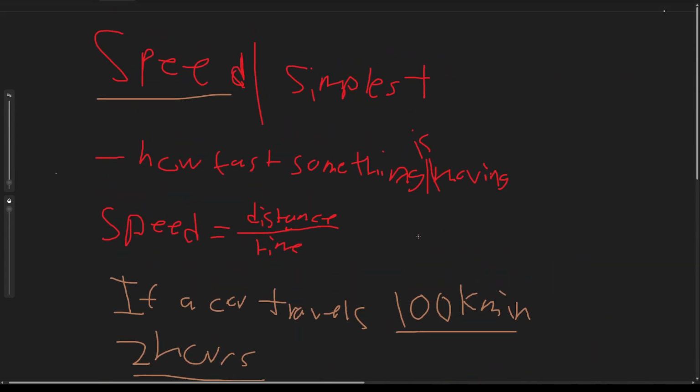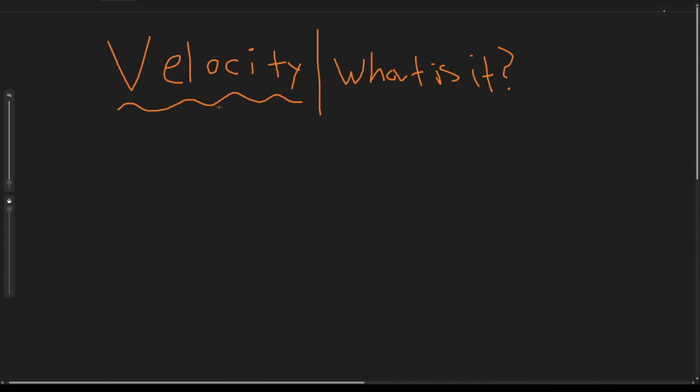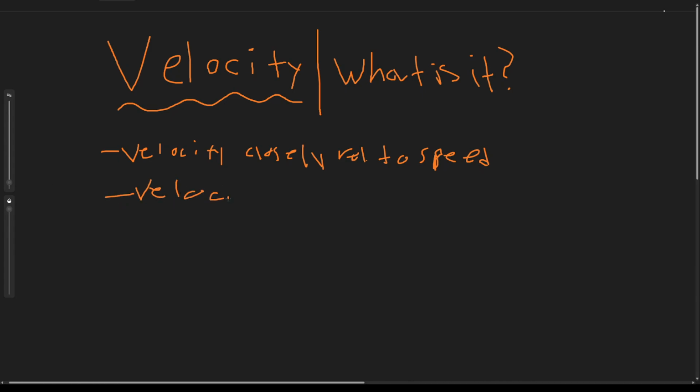Let me get into velocity now. So velocity, what is it? Well, I would say velocity is closely related to speed. It just includes one extra piece of information that makes it different. Basically, velocity is the rate of change of displacement.